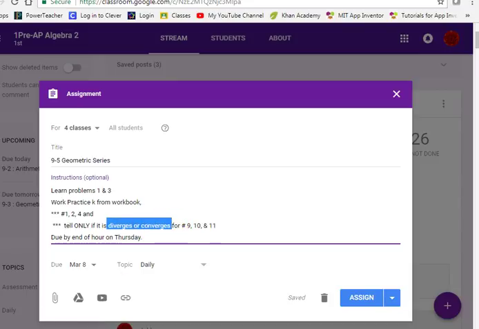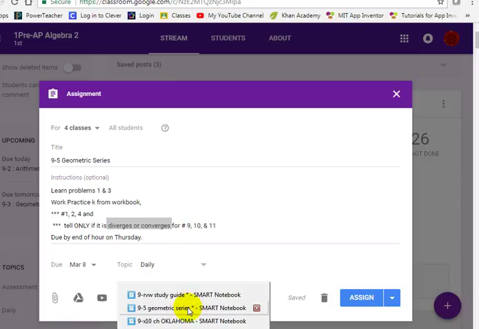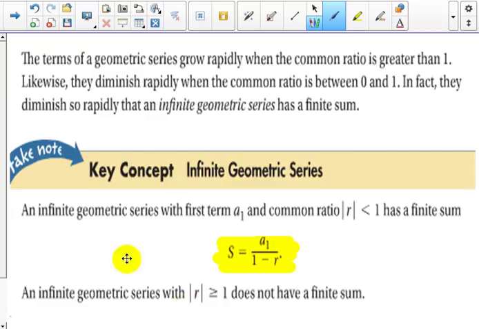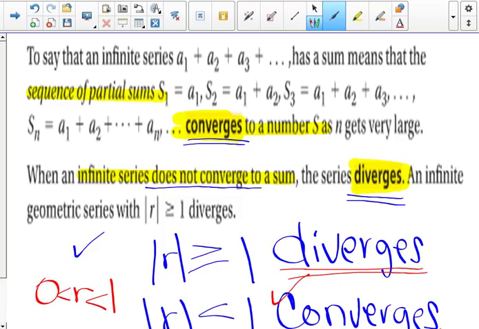So let's look at problem 3. Okay, so before we get there, let's learn about how to tell if it diverges or converges. If the absolute value of the ratio is greater than or equal to 1, it diverges. If it's between 0 and 1, then it converges.